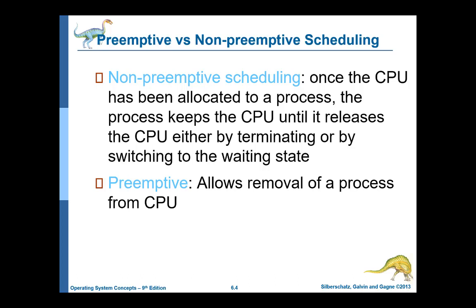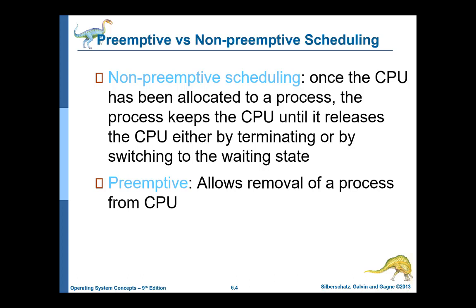In non-preemptive scheduling, when you give the CPU to a process, the process will keep using the CPU until it leaves for one of two reasons. Either it terminates, it finishes its job, or it leaves the CPU because it needs some I/O, so it goes to the waiting state.